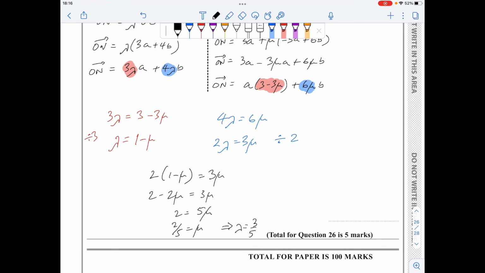And now I can substitute either the lambda in the left expression or the mu in the right one. Let's substitute lambda in the left expression, so I get ON equals 3 times 3/5 A plus 4 times 3/5 B, and if I simplify this, I'll get 9 over 5 A plus 12 over 5 B.